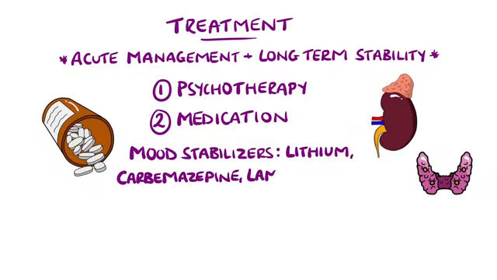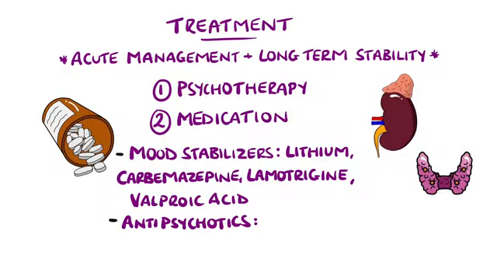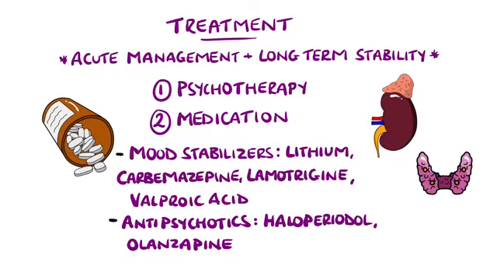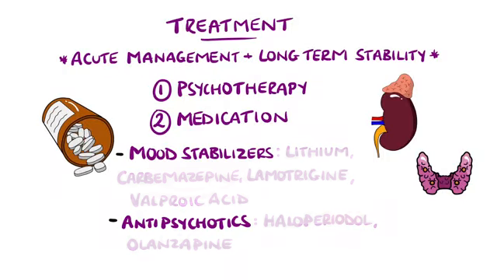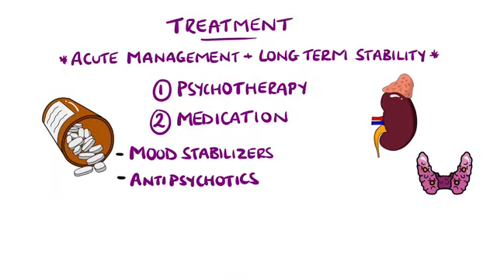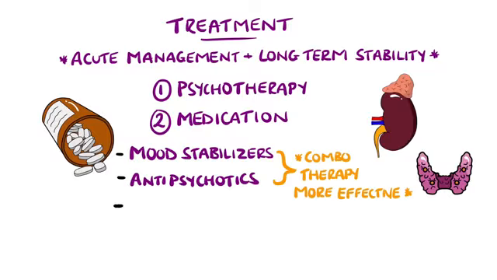Other options include carbamazepine, lamotrigine, and valproic acid, which are anti-epileptic medications. Antipsychotics are used more commonly in the manic episodes, such as haloperidol and olanzapine, and it has been found that a combination of mood stabilizers and antipsychotics are more effective than using either class alone.